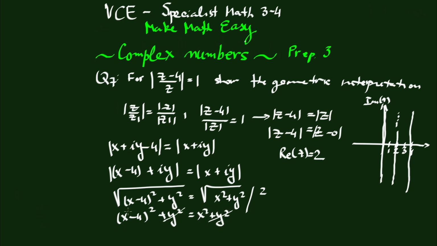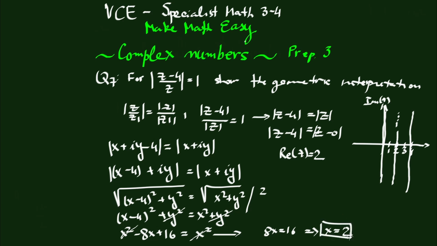Lose the y squared, and you get x squared minus 8x plus 16 equals x squared. You lose x squared. From here you get that 8x is 16, therefore x is 2.